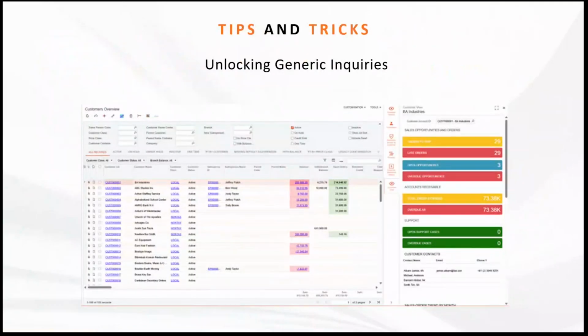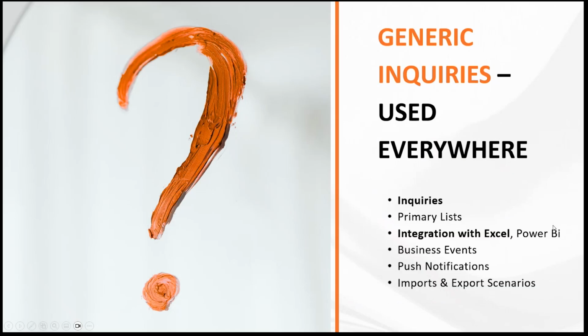Okay. So when MYOB delivers the inquiries, they're fairly simple. But generic inquiries can contain a lot more than what is typically presented. Generic inquiries are also used basically everywhere. They're used for inquiries.